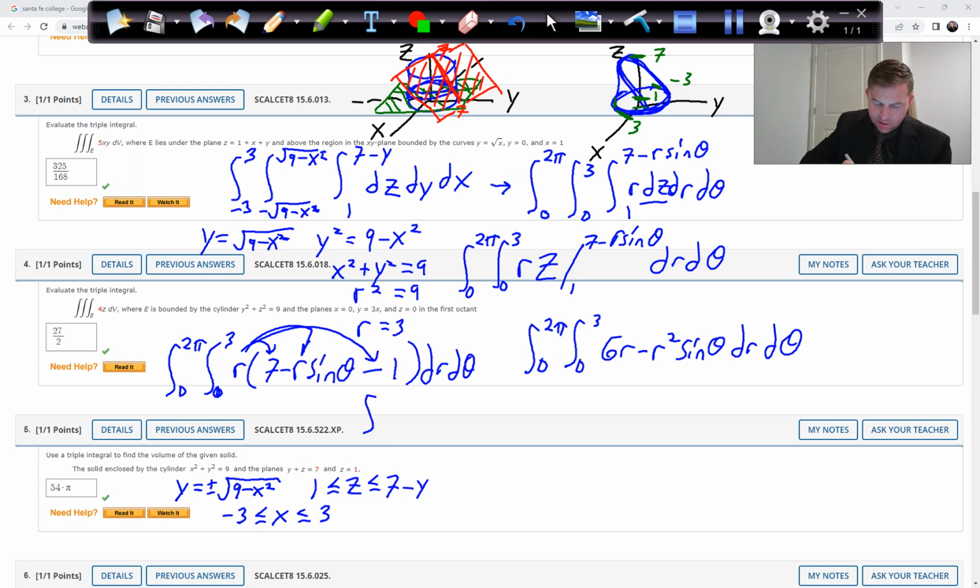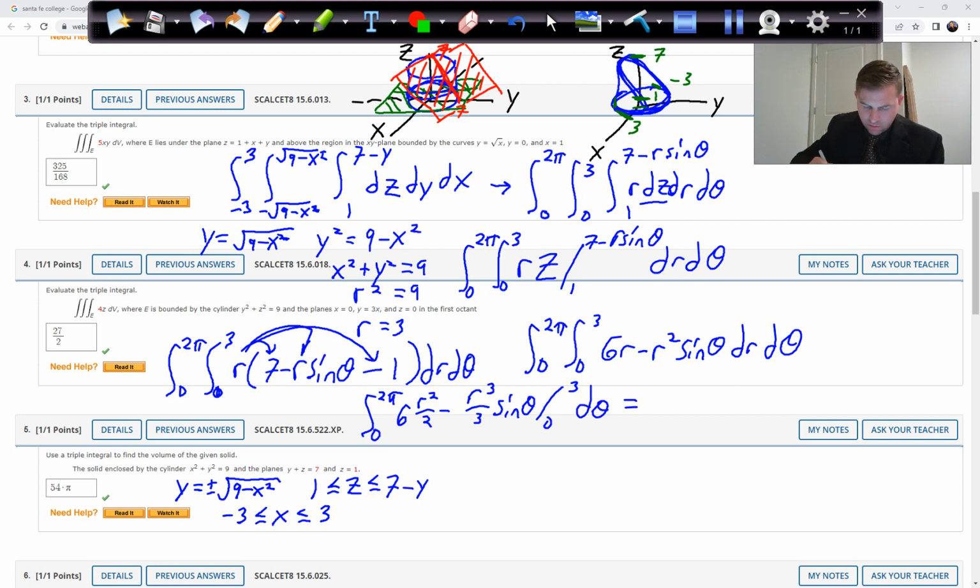Okay, so we would get 0 to 2 pi. Take the antiderivative, 6r squared over 2 minus r cubed over 3 times sine theta from 0 to 3 d theta.